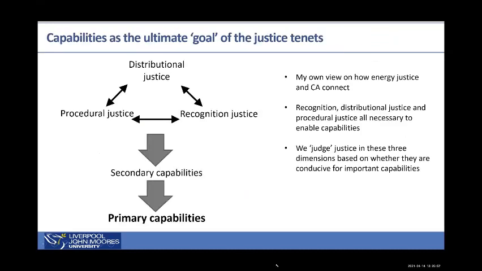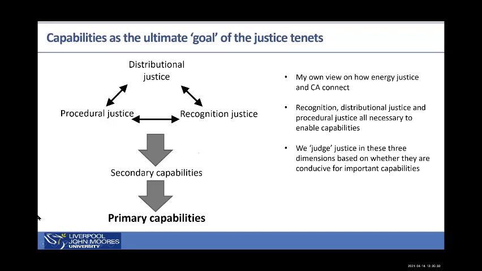So my own personal view on this, and other people have this view as well, it's not only me, is that distributional justice, procedural justice and recognition are almost preconditions that are valuable because they enable people to achieve certain capabilities. So you achieve justice in terms of distribution, procedure and recognition. That enables people to then have secondary capabilities and ultimately primary capabilities as well.